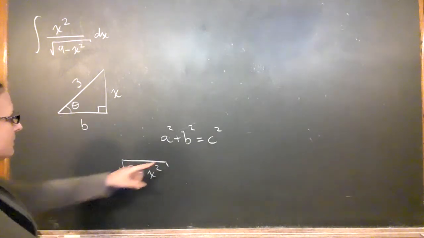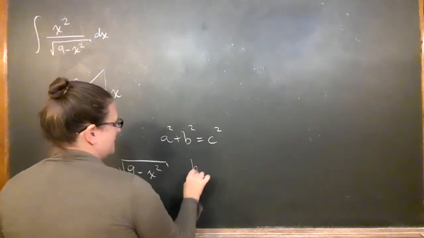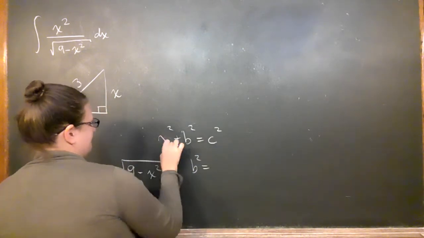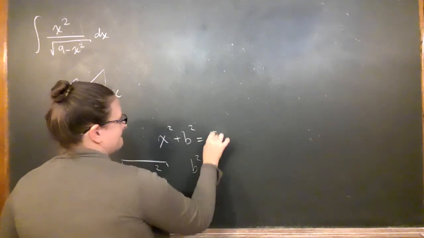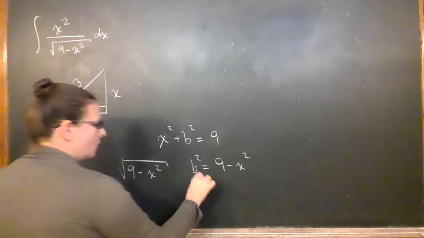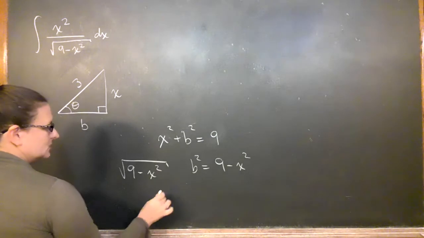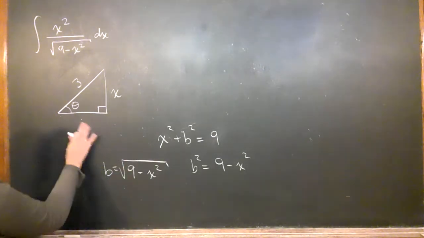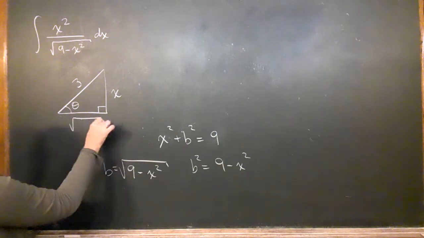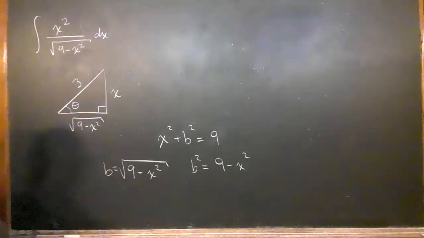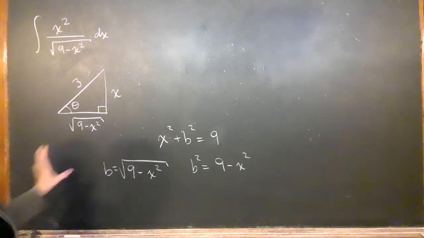If I solve for b, b squared is 9 minus x squared, so b is this square root right here. So actually this leg of this triangle is the square root of 9 minus x squared. Okay, so that's where this starts out from.